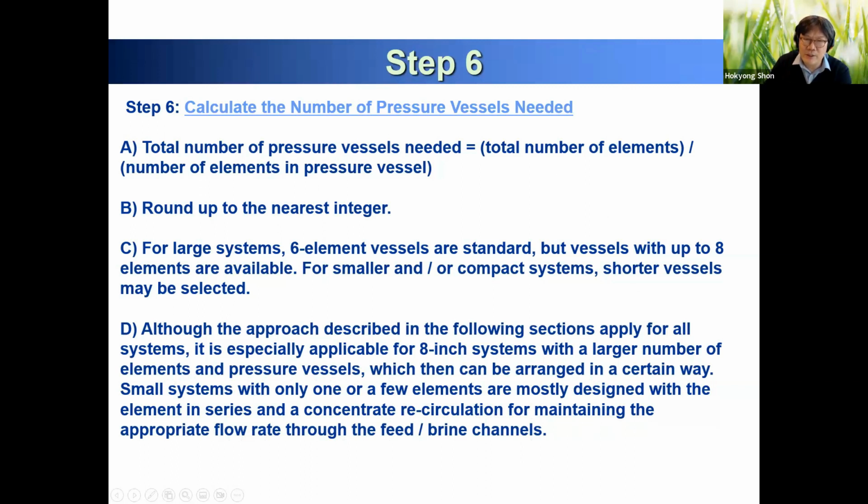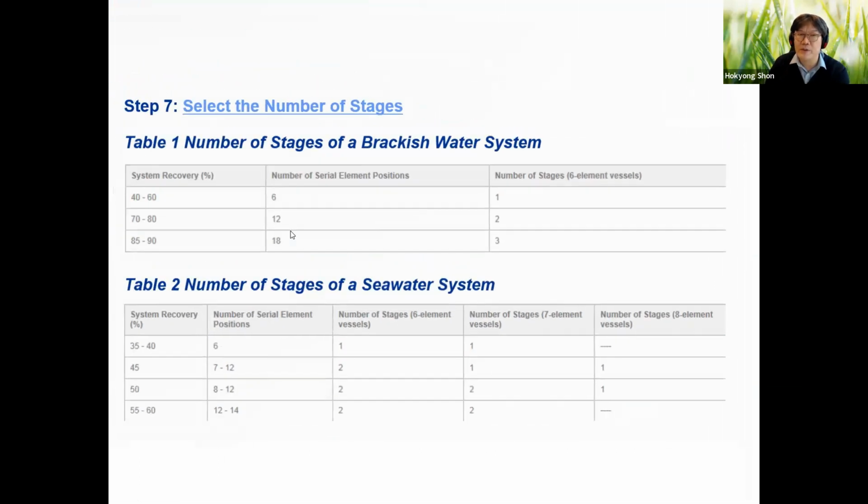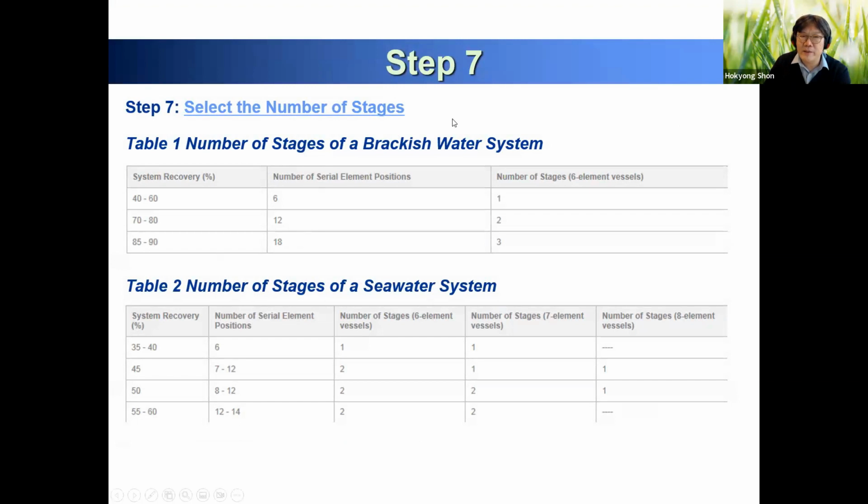So based on step 6, you will get how many pressure vessels you need for your design water flux. After that, step 7 is the staging. You have different water qualities, brackish water and seawater, with different recovery rates: 60%, 80%, 90% for brackish, and for seawater, 40%, 45%, 50%, 60%.